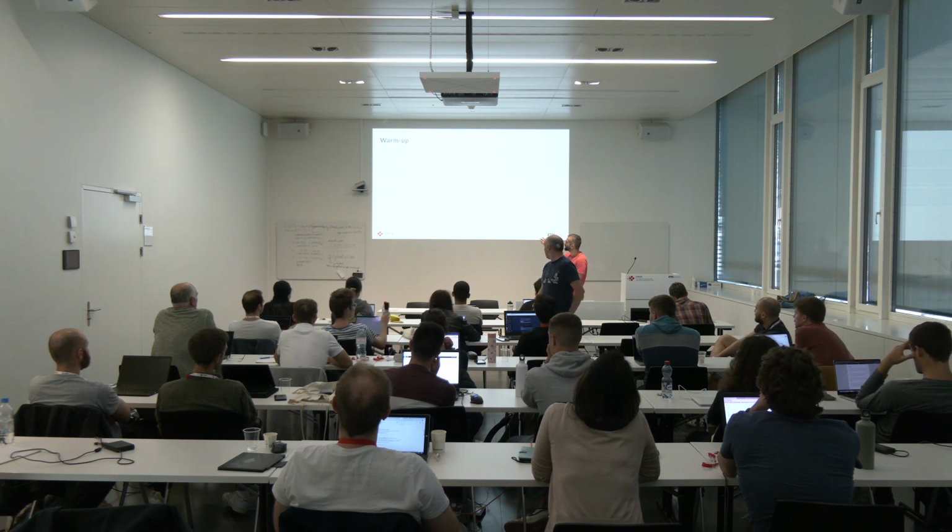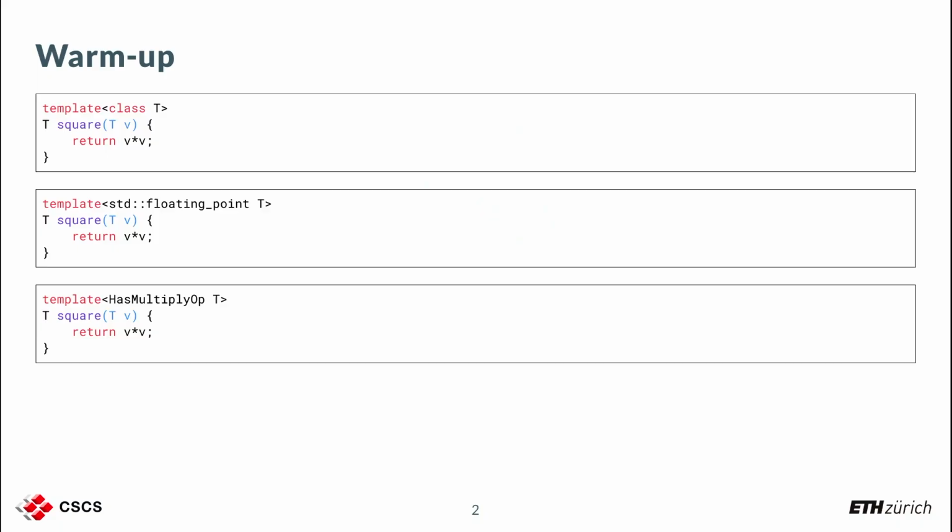You cannot pass what you want. You have to pass something that you can apply the multiplication operator on. So there's at least a syntactic constraint on that concept. It has to be multipliable. In the second one, it's now constrained to only floating point types.